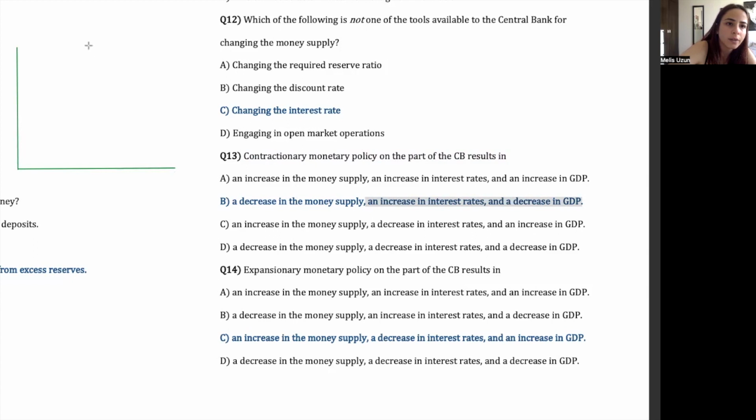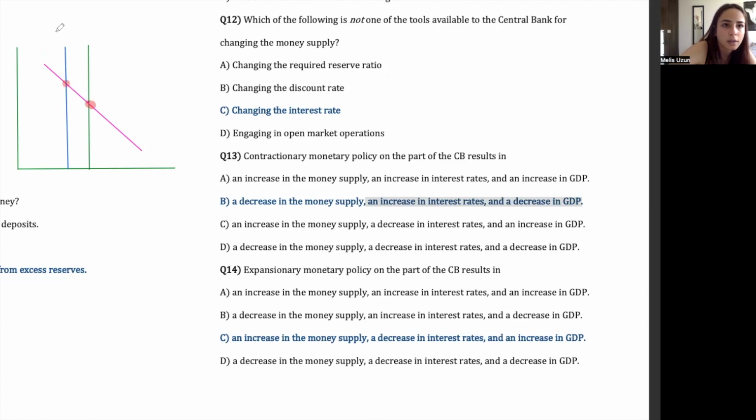So this is our graph. This is the money supply, and this is the money demand curve. If the central bank implements a contractionary monetary policy and decreases the money supply, our new money supply curve is this. We were in this point before, but now we're in this point.